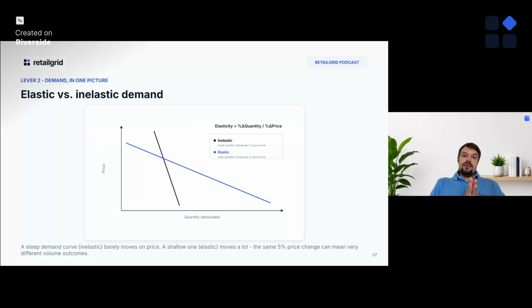If price is not important, it can mean many different things. The value is very high, you are alone on the market, you're a monopoly, you have the only inventory. There can be different reasons, but it gives us information on what to do with prices at the end. So can we increase them a little bit?